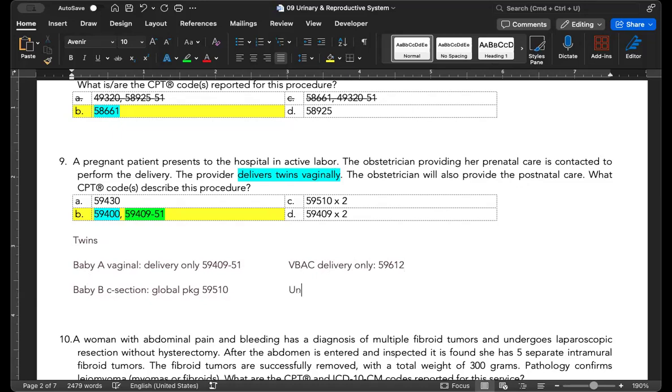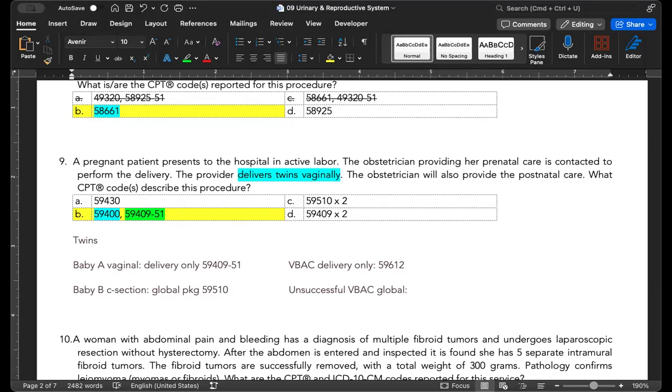And then you would do your unsuccessful VBAC, meaning that we did a C-section again, and that is going to be the global unsuccessful VBAC.